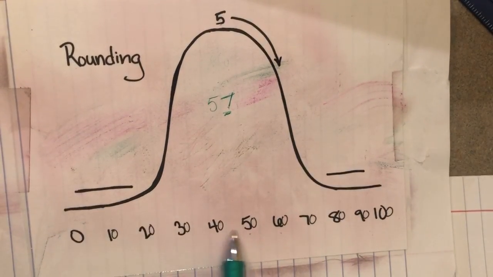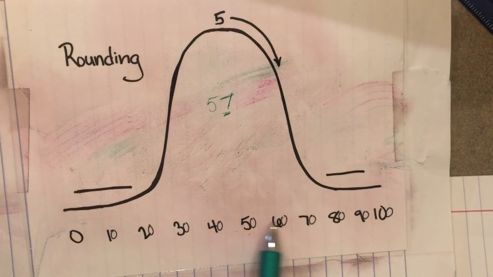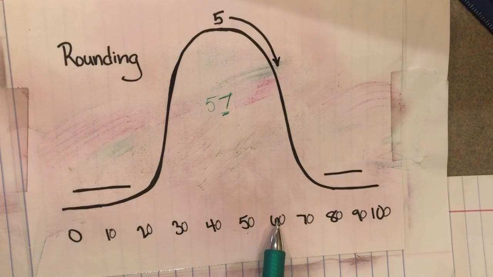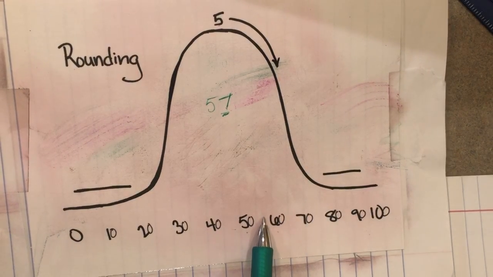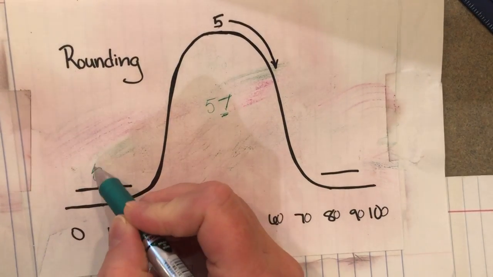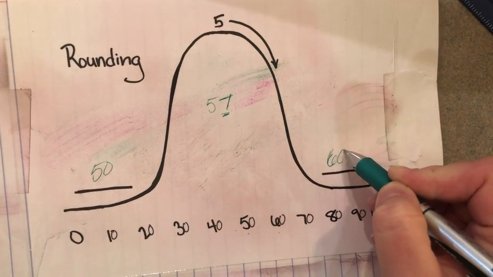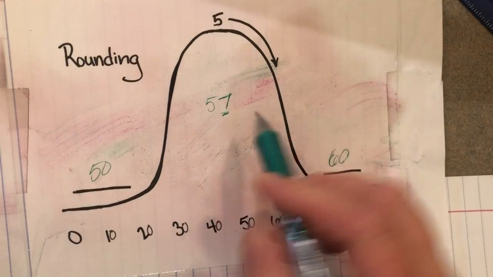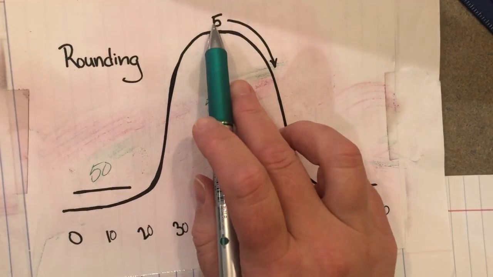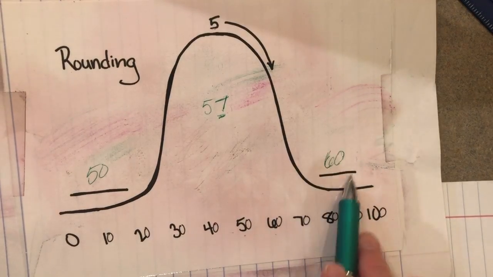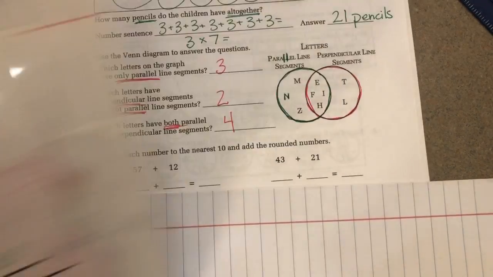Now, 57 is where on here? It's between what two tens? Between the 50 and the 60, right? It's right about here. It's between a 50 and a 60. And 7 is 5 or greater, so 7 tells us we go up to 60.